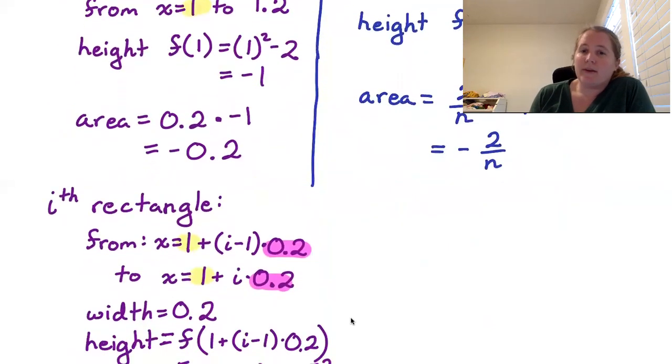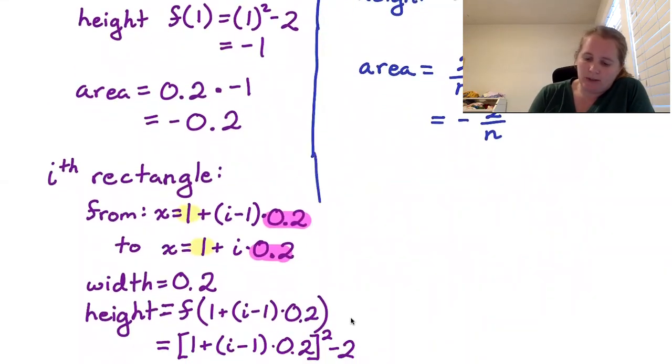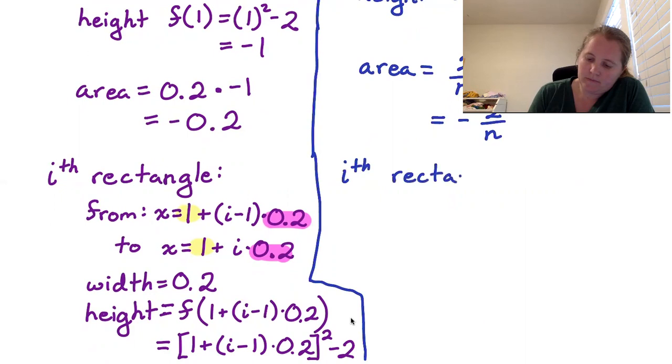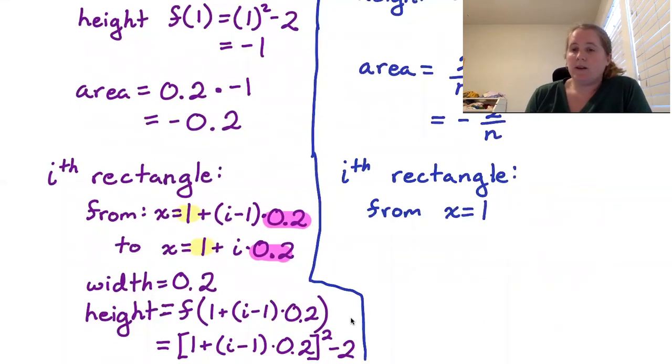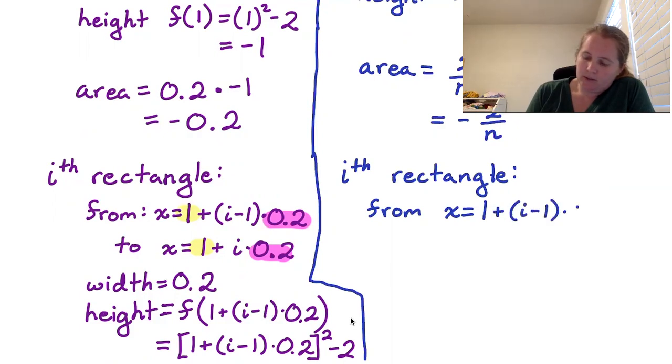We really care just about the ith rectangle, the general formula. So for our ith rectangle, we're going to go from x equals. Now the first one was at 1, and then for each additional rectangle, we should move over by, sorry, not 0.2, by our width of 2 over n. So we're going to add on i minus 1 times 2 over n.